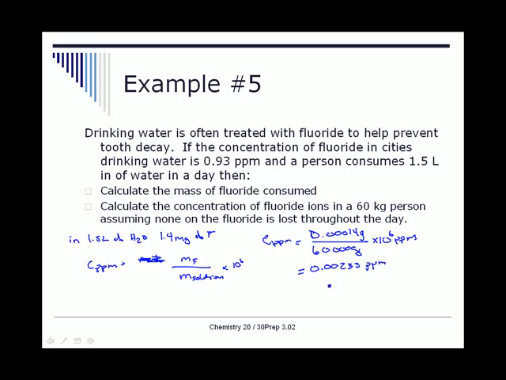Now, because it's still so small, we can convert this to parts per billion if we multiply by 1,000. And I guess the conversion would be... Sorry, other way around here.